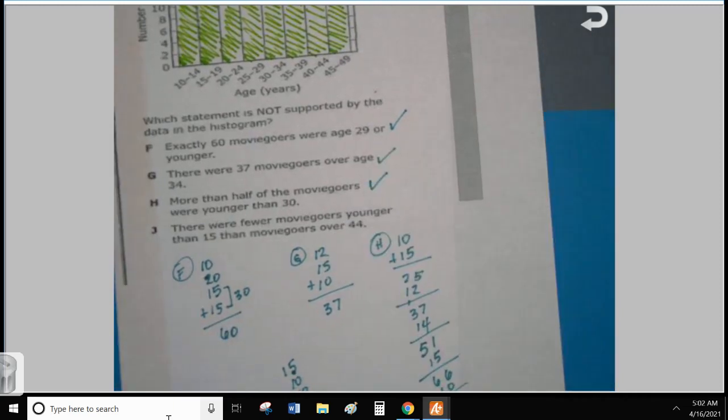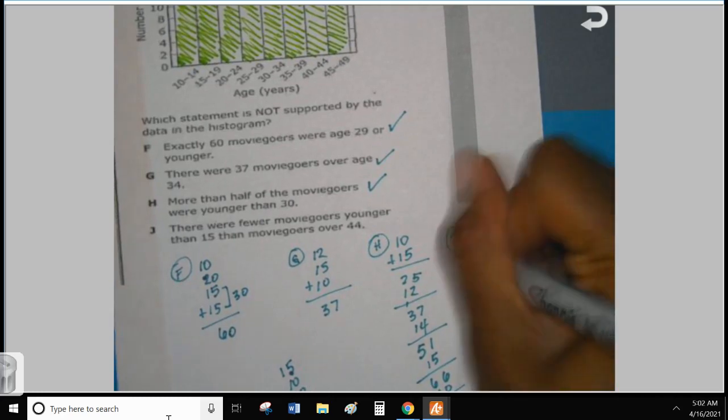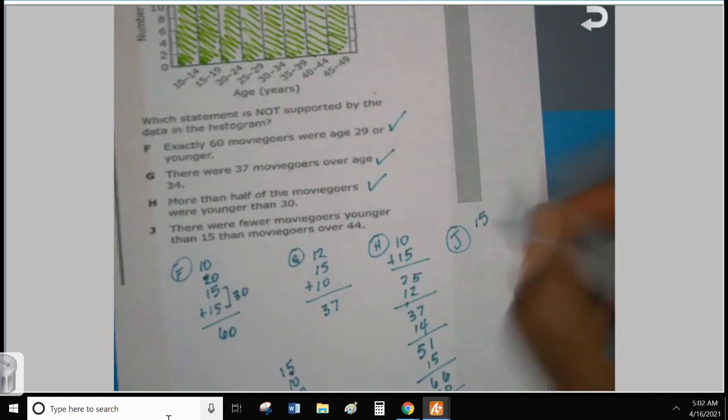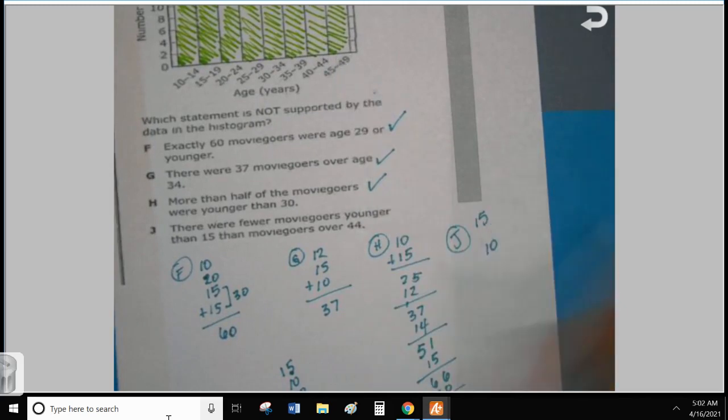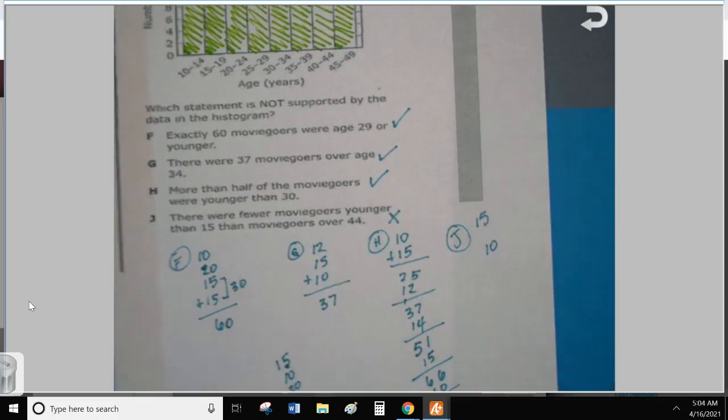There were fewer moviegoers younger than 15 than over 44. So for J, younger than 15 is 15, and over 44 is 10. There were fewer moviegoers younger than over, and that is not true.